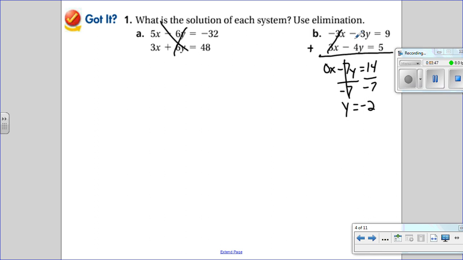Now take negative 2 and plug it back into either one of these. I kind of like this bottom one a little better because it's one less negative I have to deal with. So I take 3x minus 4 times negative 2 equals 5. Negative 4 times negative 2 is positive 8.